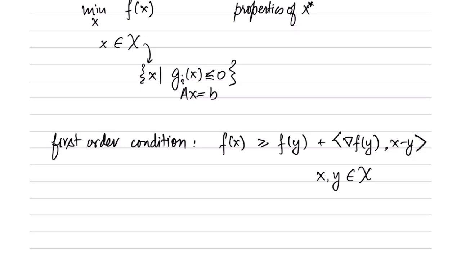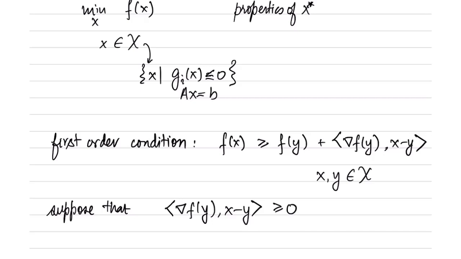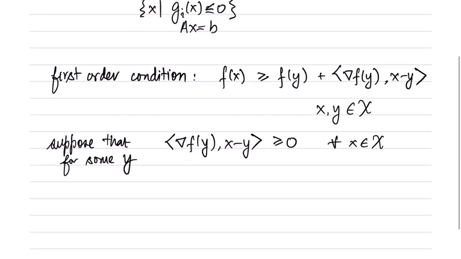So here suppose that for some y it holds that gradient f of y inner product with x minus y is greater than or equal to 0 for all x in calligraphic X. Then what would this imply?